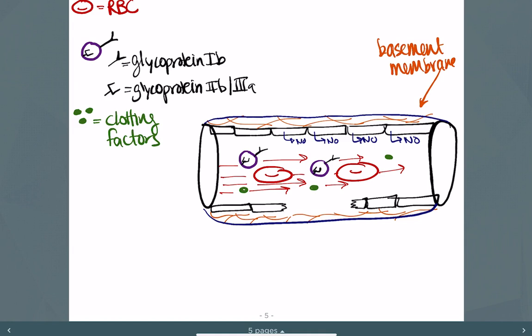All right, so we've had vascular injury. So let's break through the whole wall. We've ripped it open. So with vascular injury, the first thing that you'll notice is we've just ripped through endothelial cells.